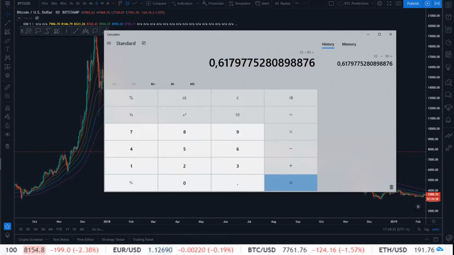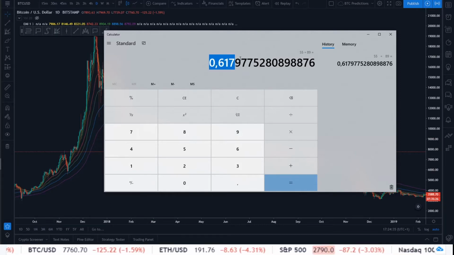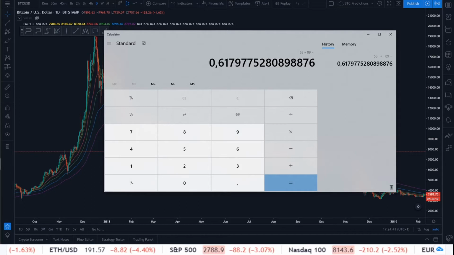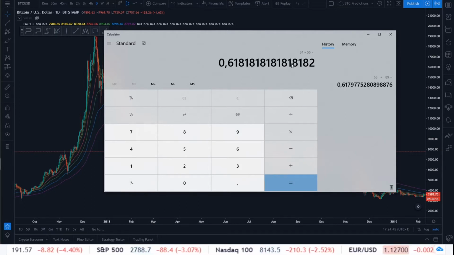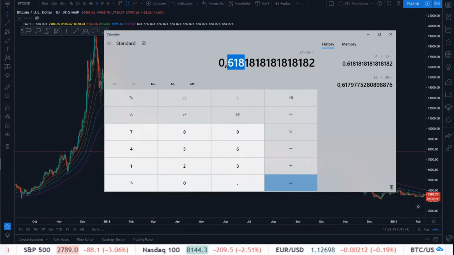Alright, we have to round this up, and that means this is a 9, so this is going to become an 8. And as you can see, this number somehow appears everywhere. Well, if I do this with 34 divided by 55, you will get the same answer, 0.618.